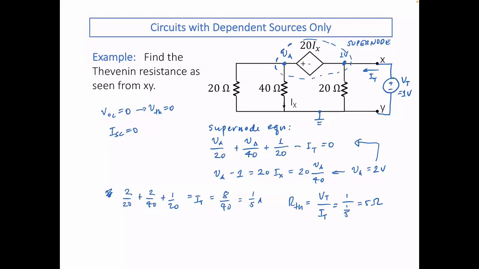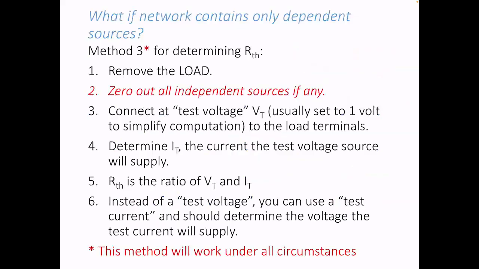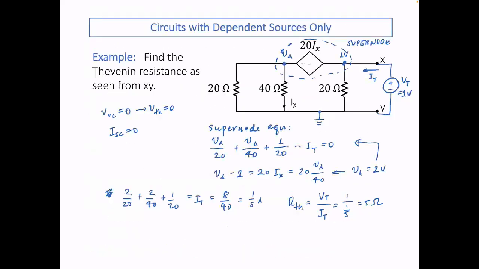Okay. So that's how you deal with circuits with dependent sources only. Now, the other technique dito, I could have used a test current instead of a test voltage, no? In which case, dito sa XY, this is X, this is Y. I would have put a current source, okay, Is of t.